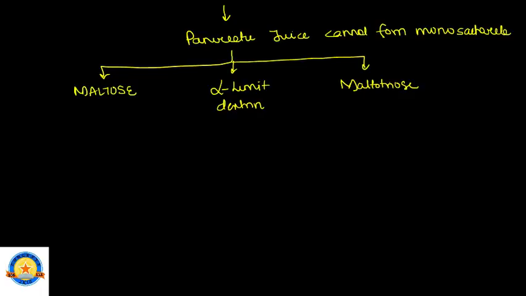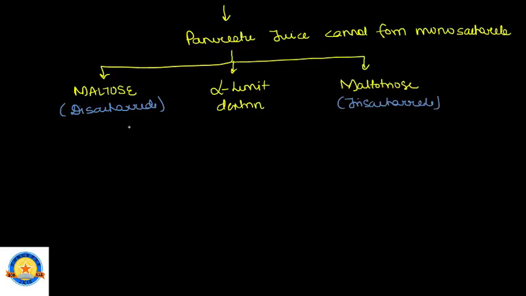What is maltose? It is a disaccharide. What is maltotriose? It is a trisaccharide. Do you see any monosaccharide over here? No, there are no monosaccharides. Pancreatic juice cannot form monosaccharides.